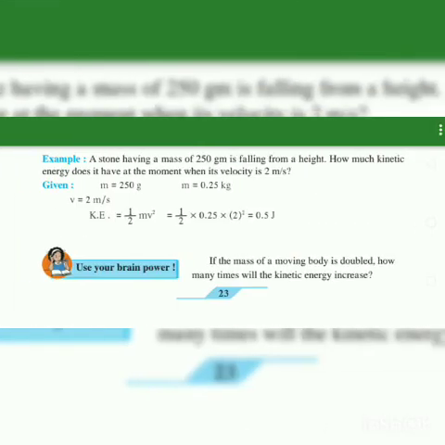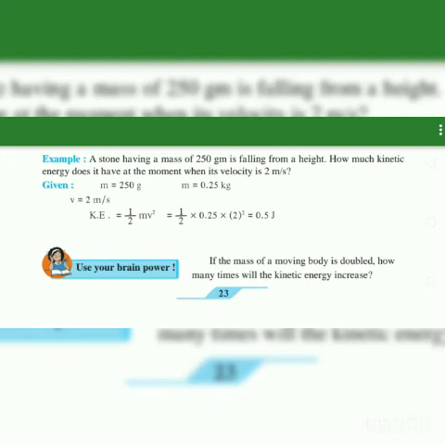Now we will solve one example based on the expression of kinetic energy. It says: a stone having a mass of 250 gram is falling from a height. How much kinetic energy does it have at the moment when its velocity is 2 meter per second?